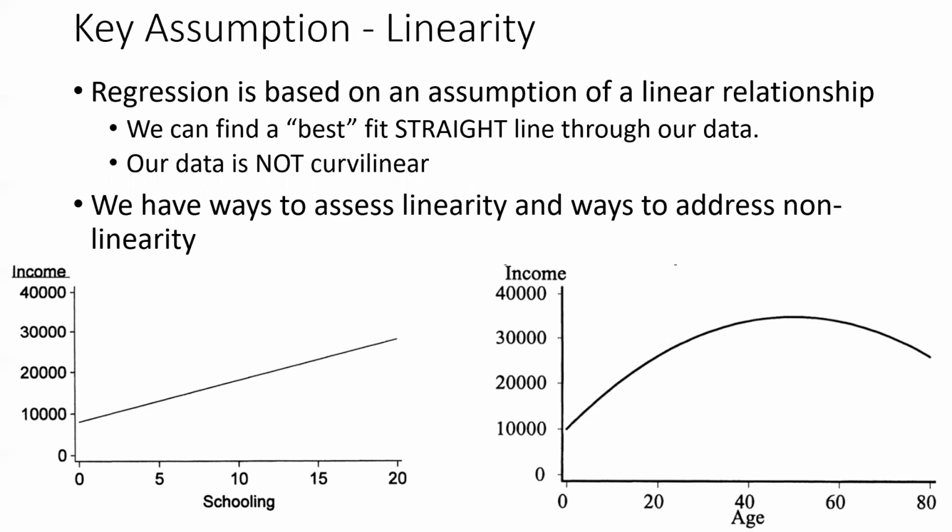We'll come back to some of the other equations and some of the other assumptions about linear regression and multiple regression, but the notion of linearity is key. We can use a number of different techniques to determine linearity, such as plotting our data on a scatter plot. But we do have ways of addressing nonlinear relationships using some of the modified or alternative forms of regression that, as I mentioned, we'll talk about the last week of class.